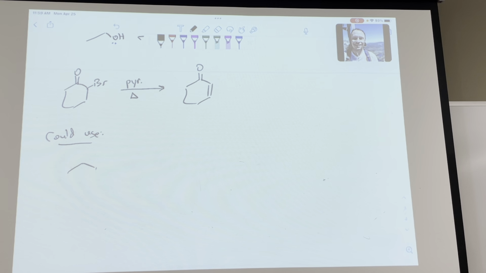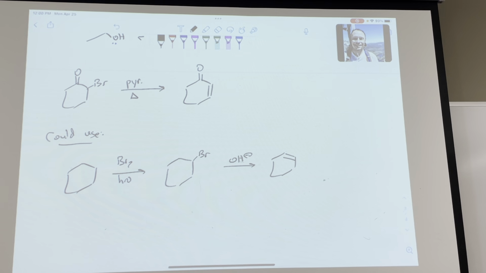I'm gonna maybe start with cyclohexane, do a photohalogenation, eliminate, do a halohydrin, and then oxidize.